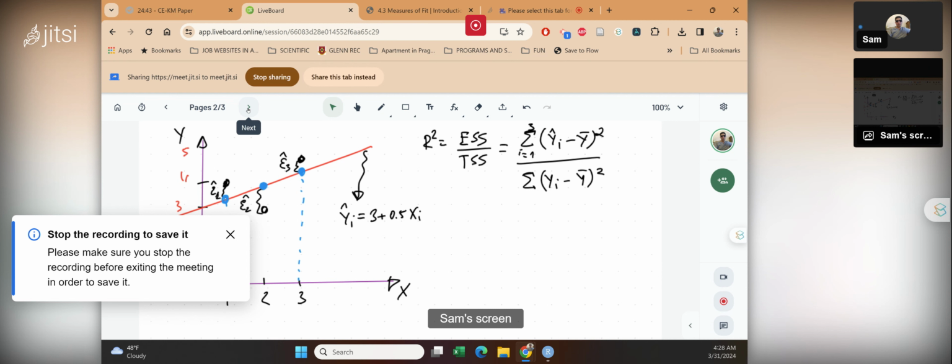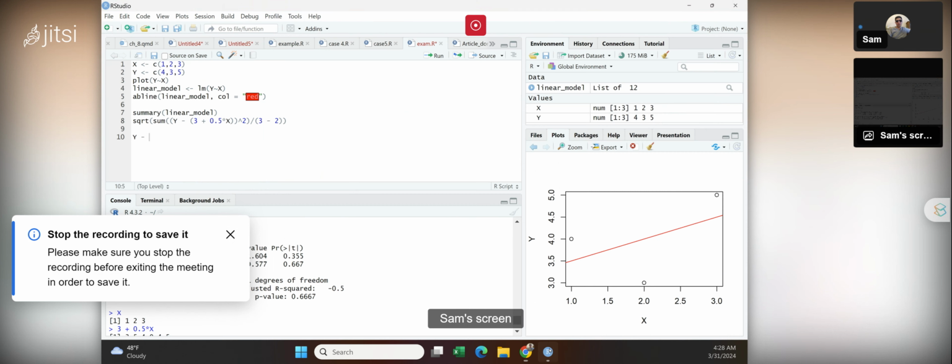Okay, never mind. Now we can actually calculate it. I'm a little bit lazy to do it by hand right now, manually. Let's do it here. So again, y hat i is what the predictions of the model are, right? So maybe I should say y hat is actually equal to beta 0 hat, which is 3, plus 0.5 times x.